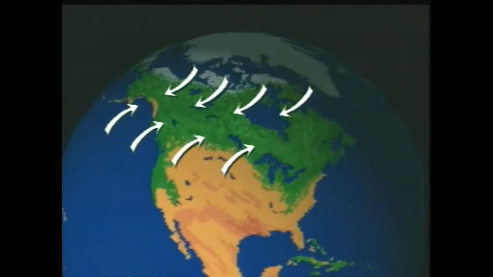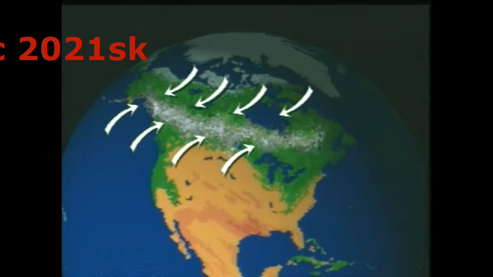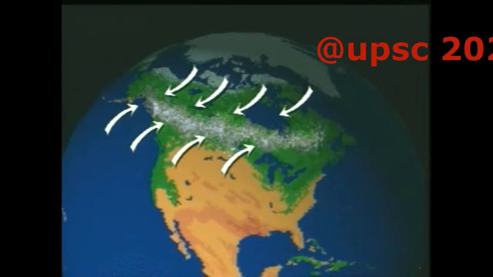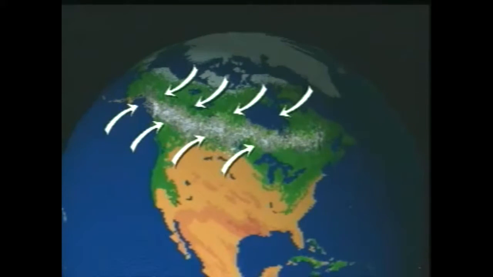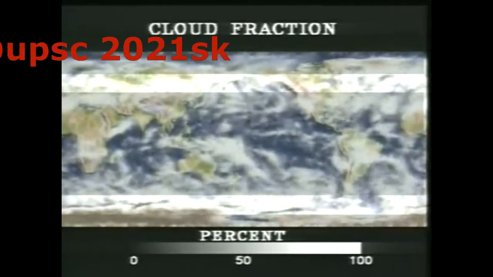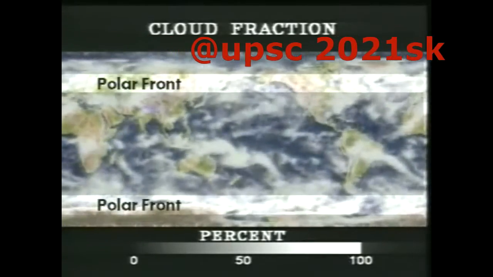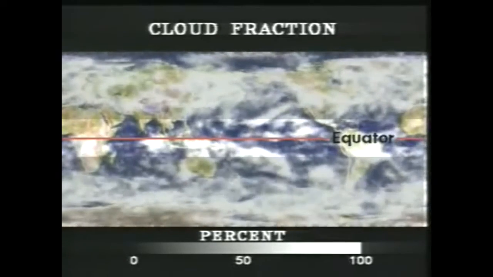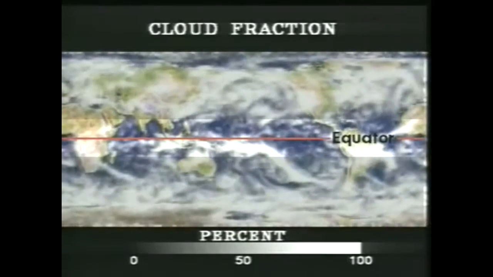The relatively warm, moist westerly air rises above the cold polar air, producing a belt of storms. This satellite image shows the storm belts of these polar fronts. Rising moist air at the equator also produces cloud.